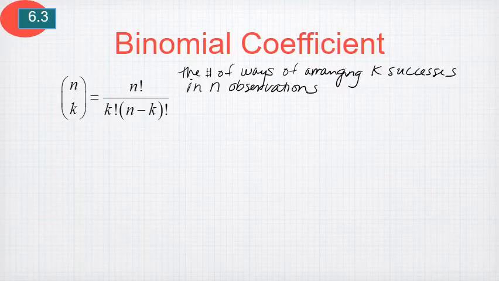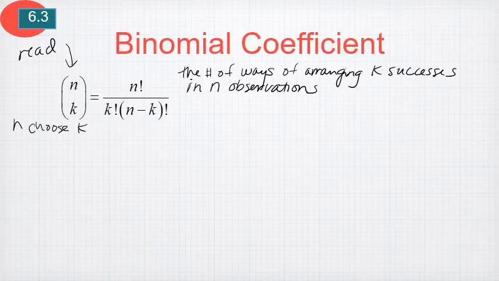The easiest way to read this little notation is you read this one as n choose k.